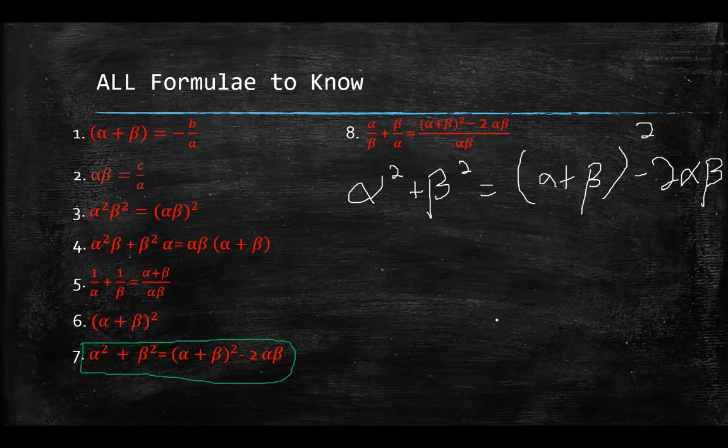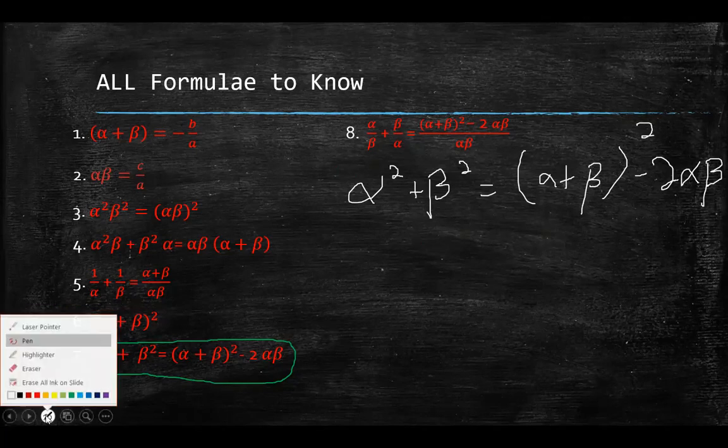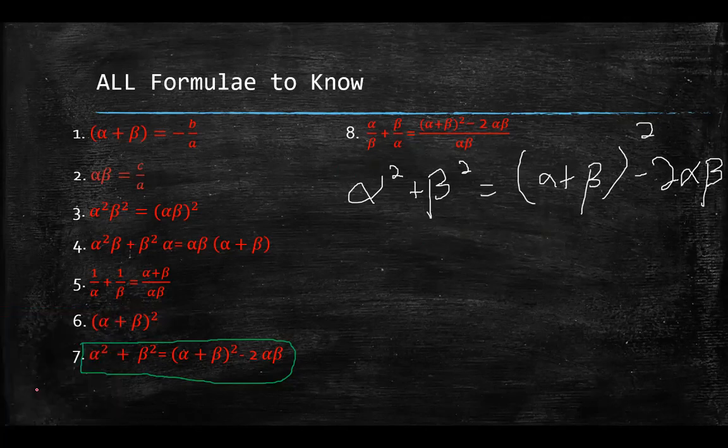Everybody cool with that so far? And let me show you something just in case you forget. If I expand these brackets, alpha plus beta squared is the same as alpha plus beta times alpha plus beta, which is equal to alpha squared plus 2 alpha beta plus beta squared.